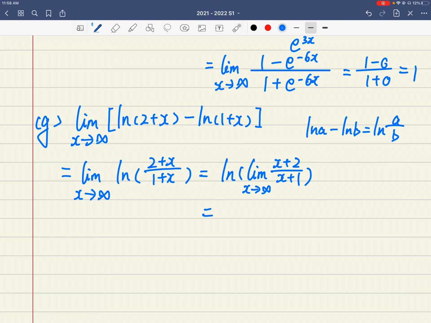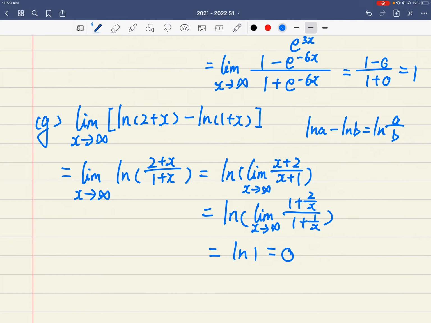This part is very standard: it's infinity over infinity, so you divide both sides by the highest power. Dividing by x, it will be 1 plus 2 over x, over 1 plus 1 over x. So what's inside is going to be 1. So it's ln 1, which is just 0.